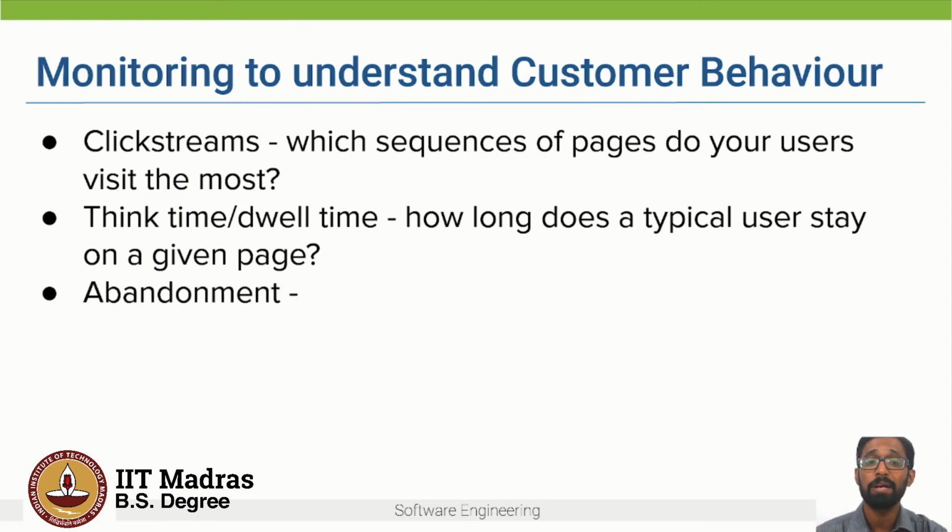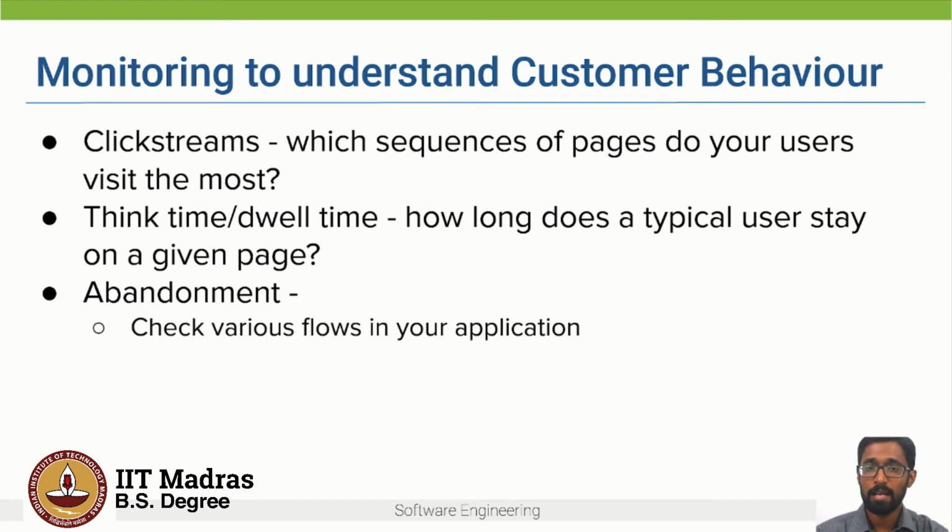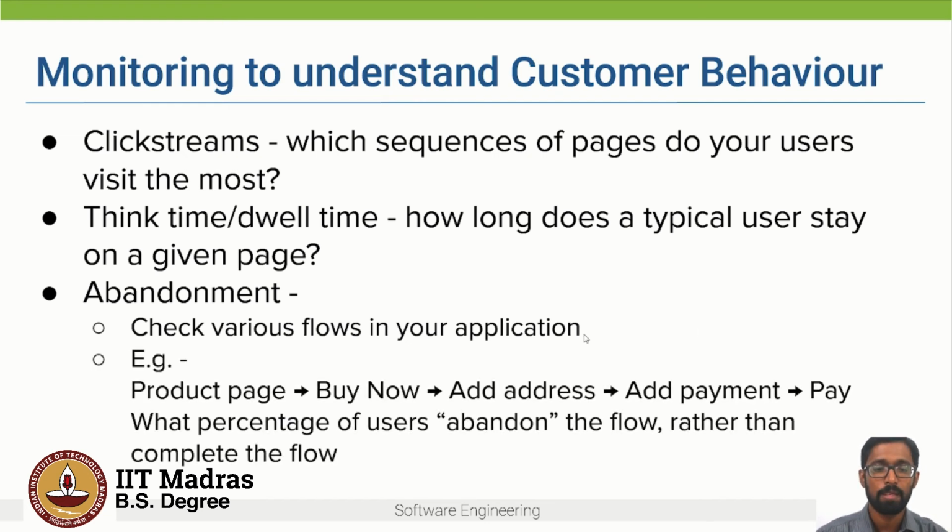Now another metric is known as abandonment, right? As we saw, there are various flows in our application, various paths which the user can take. For example, you have a product page, then you click on buy now, then you add your address, then you add your payment details, and then you finally pay and buy the product, right?